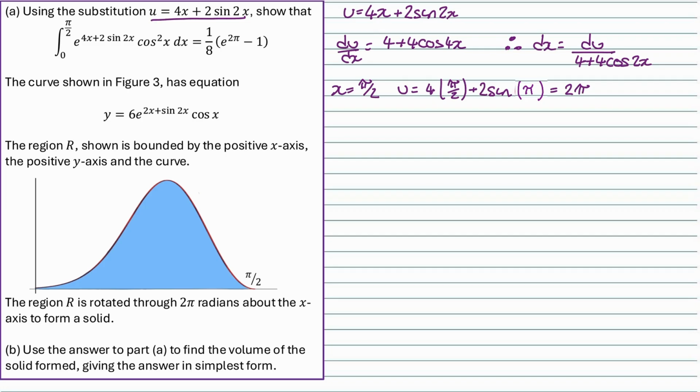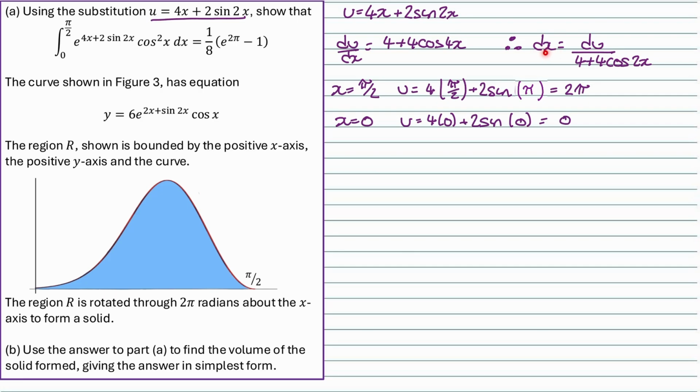And the sine of pi over 2 is 0, so when you double that, we still get 0. So when x is pi over 2, u will be 2 pi. And when x equals 0, we'll substitute this into u, and we get 4 lots of 0 plus 2 sine 0, so u will equal 0.